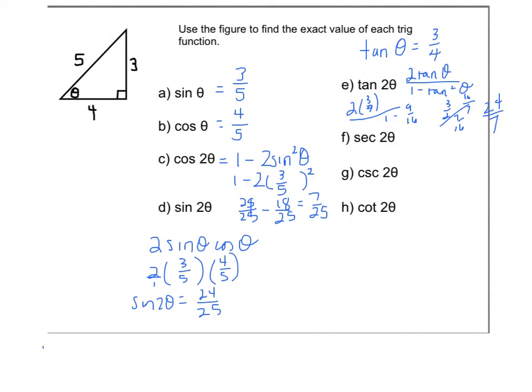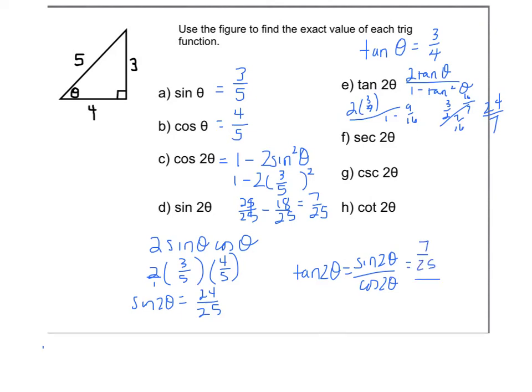24 over 7. Now, another way to think of tangent 2 theta is to take sine over cosine, sine 2 theta over cosine 2 theta. And so what you're saying here, let me write it down here, if I have the tangent of 2 theta, that's the same thing as the sine of 2 theta over cosine of 2 theta. The sine of 2 theta is 7/25.